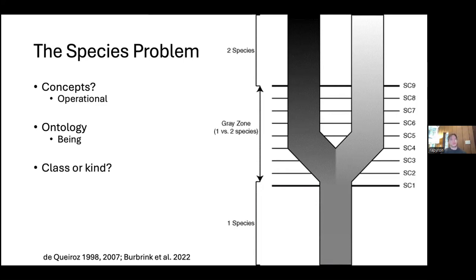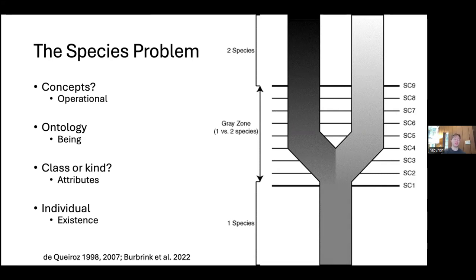Historically, species were often thought of as being classes or kinds, meaning that they have attributes, and if you have this attribute, you belong to this species. We are defined by those attributes. That has fallen out of favor, at least among a broader swath of systematists with a more philosophical bent recently, who now think of species more as being individuals.